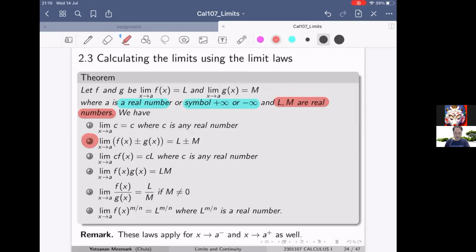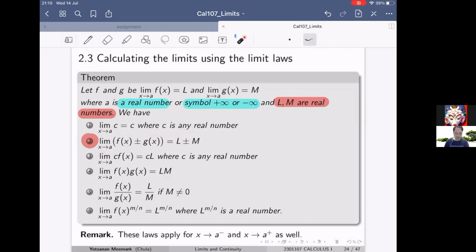It is saying that if you have a limit of two functions added or subtracted, okay, and the limit of both of them exists, then it means that you can find the limit of f and the limit of g separately. After that, you just do the addition or subtraction correspondingly, okay.